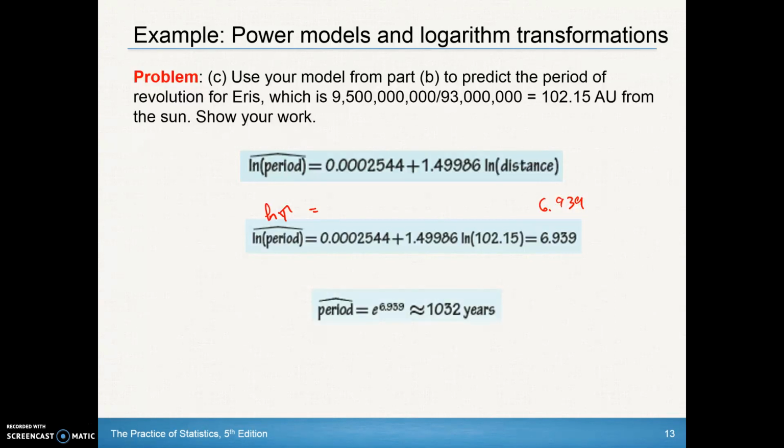And then we can use some of our properties of solving logs to figure out that it's 1,032 years for one revolution.